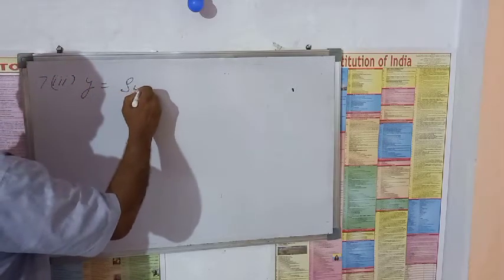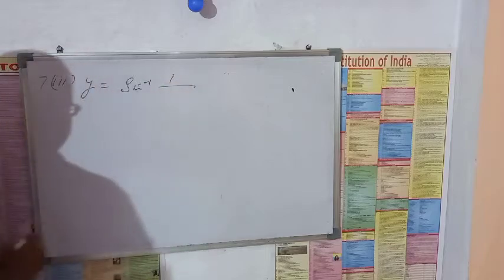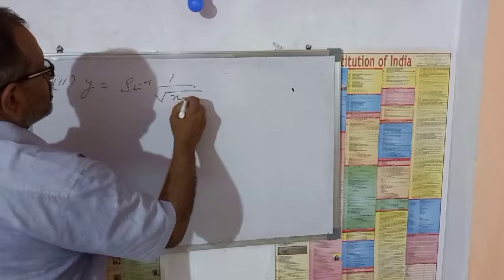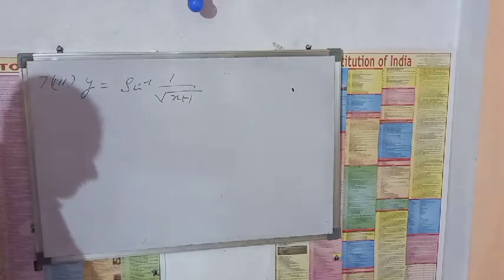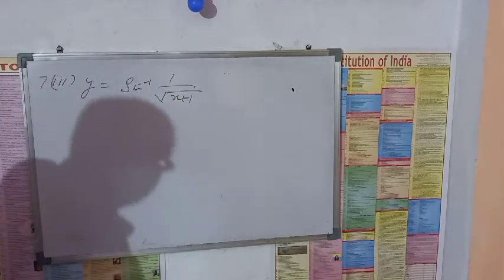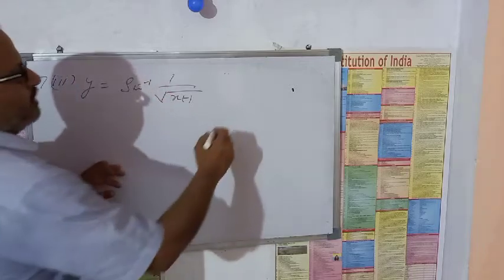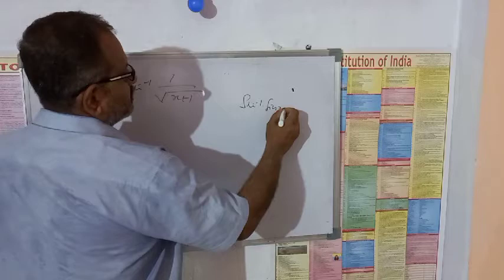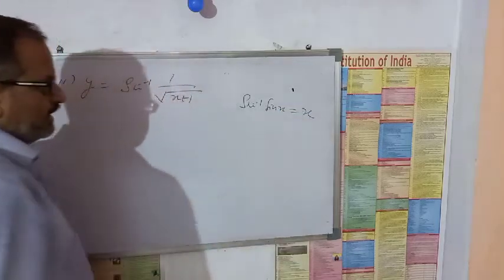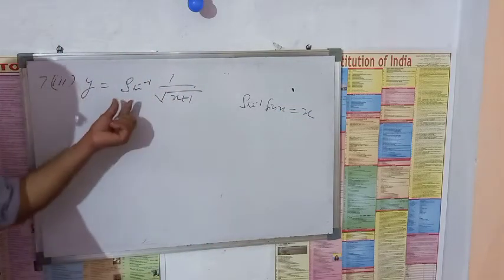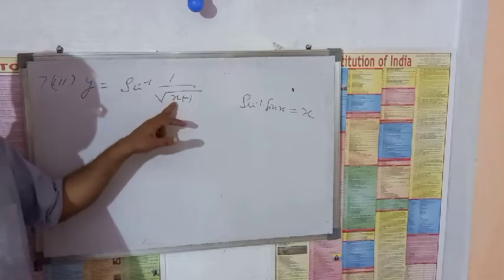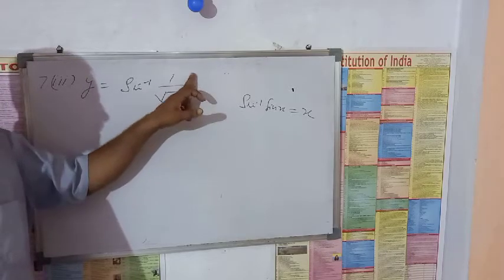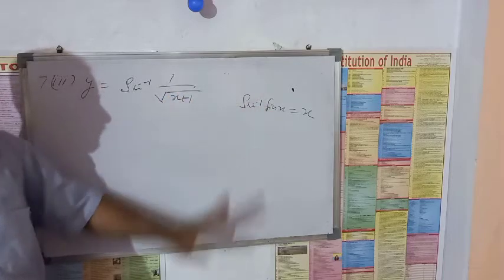It is given sin inverse 1 upon root x plus 1. We know that sin inverse sin x is equal to x. So this one is given sin inverse. We have to do some substitution here so that we can convert it into sine.